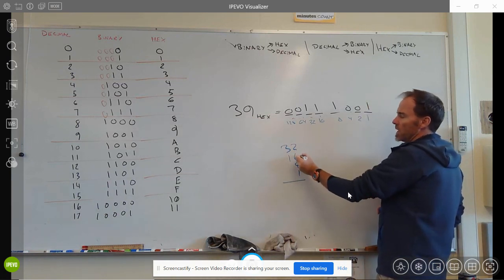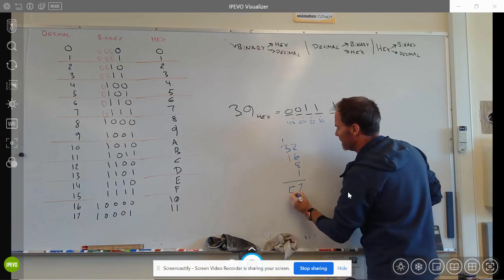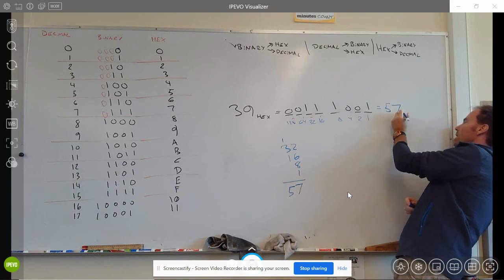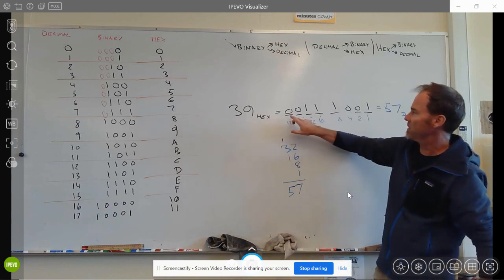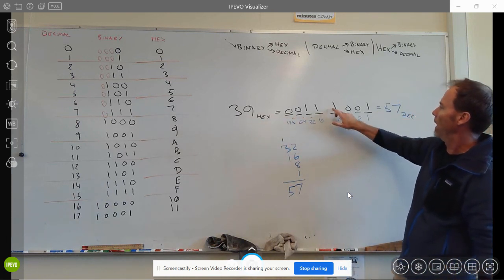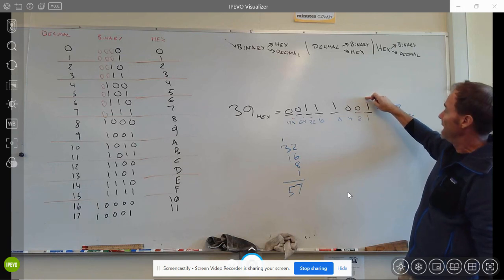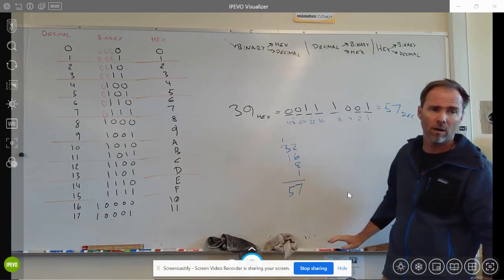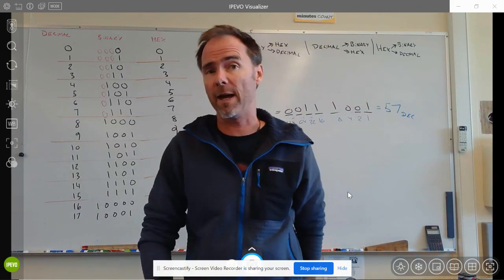So 8 and 1 is 9, 25, 57 in decimal. So 39 in hex, 0, 0, 1, 1, 1, 0, 0, 1 in binary, same as 57 in decimal. All right, so that shows you how to convert back and forth. I hope that makes sense to you.